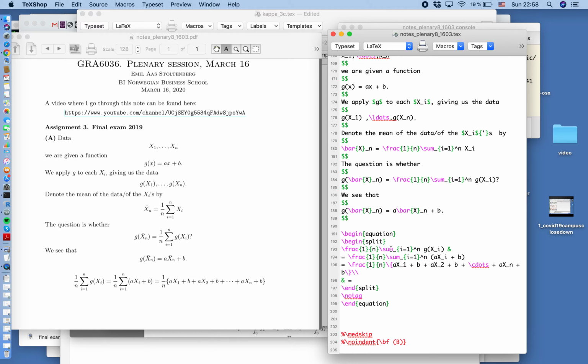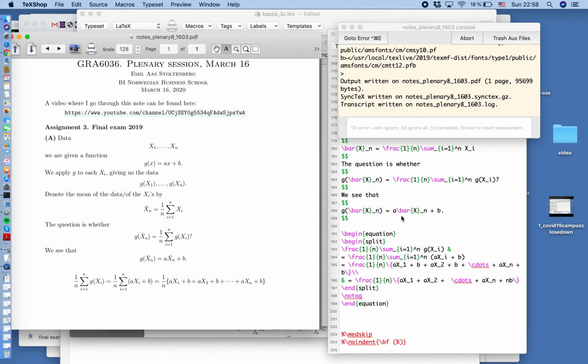So first we can place all our ax's after each other. So we then take a x_1 plus a x_2 all the way up to a x_n, and then we get b, b, n b's. So we can then multiply b by n, and we get this.